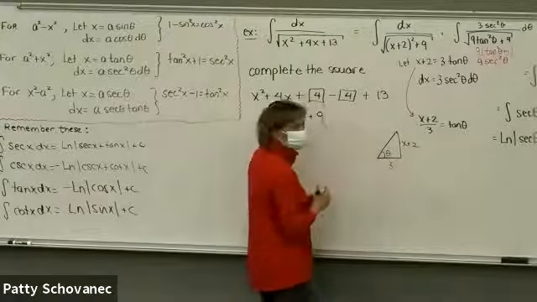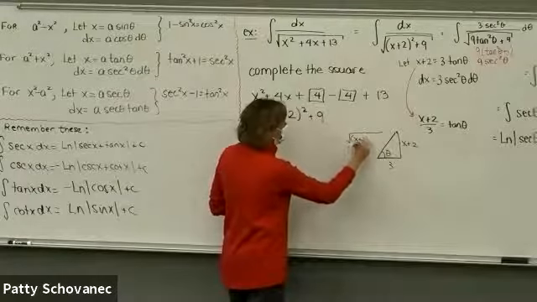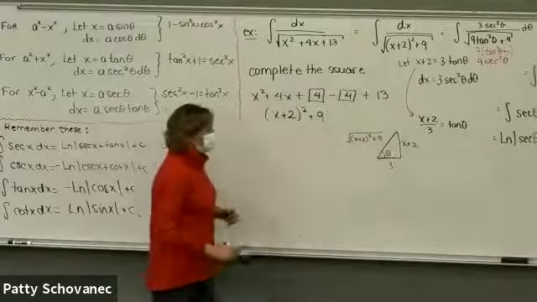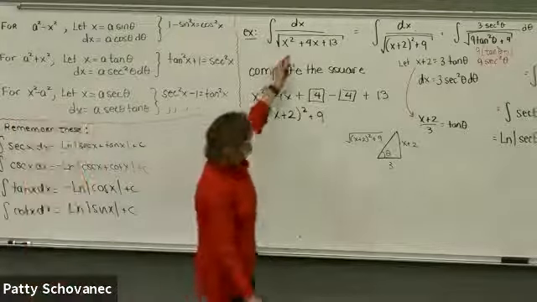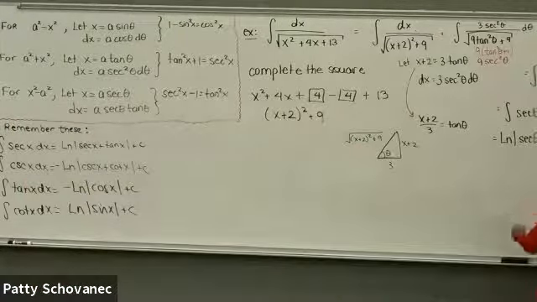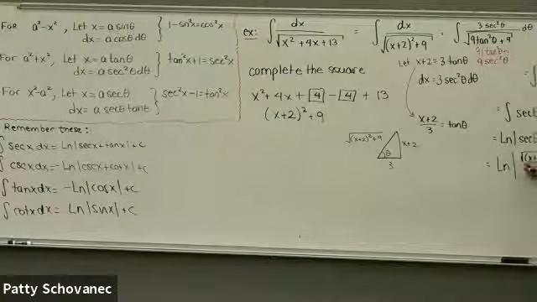This is the 3. Length squared plus length squared is hypotenuse squared. This is the square root of x plus 2 all squared plus 9. You can multiply it out after that, or you can leave it like that, and I'll just leave it like that. Secant is hypotenuse over adjacent: the square root of x plus 2 squared plus 9, over 3. Tangent we said was x plus 2 over 3, plus that secant.